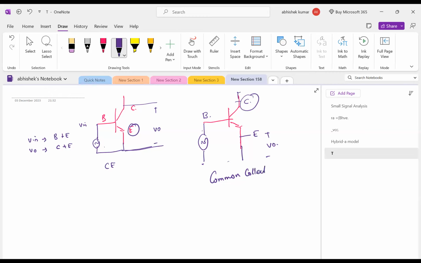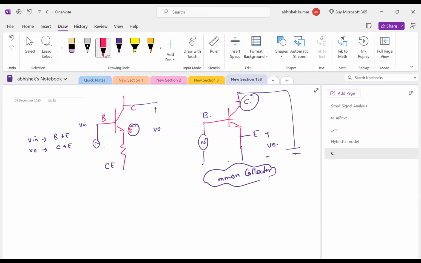But sir, in common emitter, emitter is not left out. No. See, emitter is common. Here also collector will be common. We will ground the collector, and we are taking input and output with respect to emitter and collector. It's like that. You will see many cases like that.